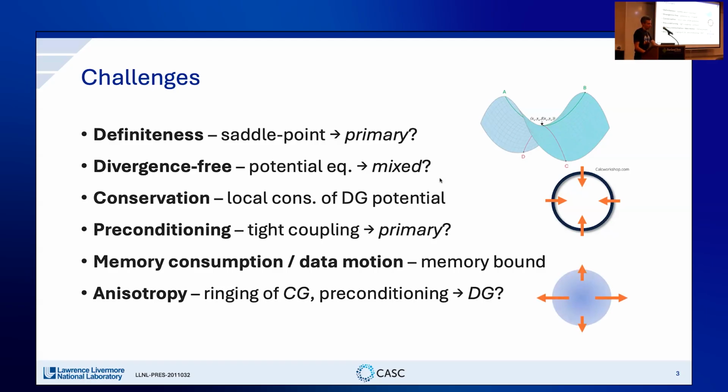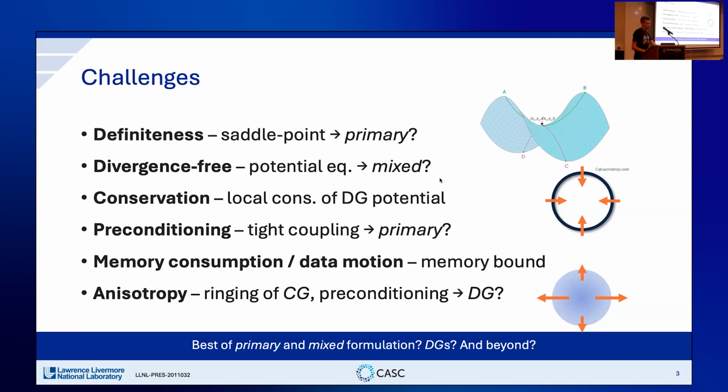And in some applications, we also run into issues with anisotropy, causing some ringing and also troubles with preconditioning and so on. In summary, we would like to have the best of both, the best of the primary formulation and the mixed one, something from DGs, and ideally everything together and maybe even better.